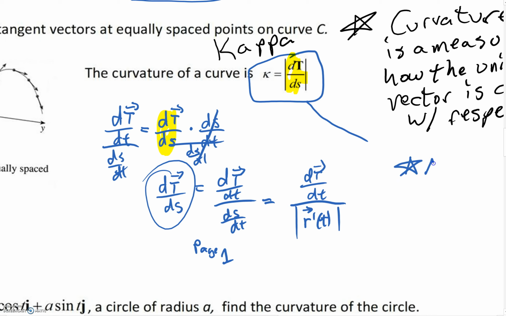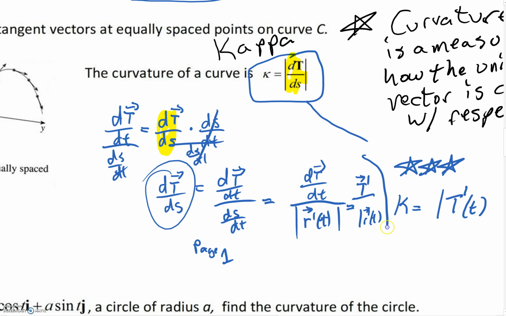So very, very, very importantly, kappa is going to be the length of what we have for t prime of t. That's really what we have up here, if you think about it. So we've got our length of t prime all over that length of r prime of t.